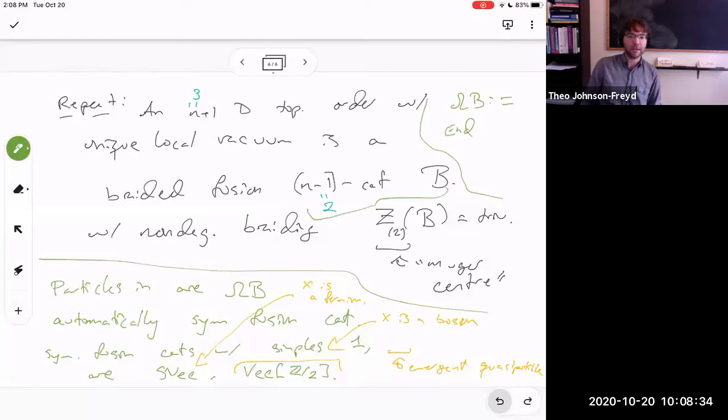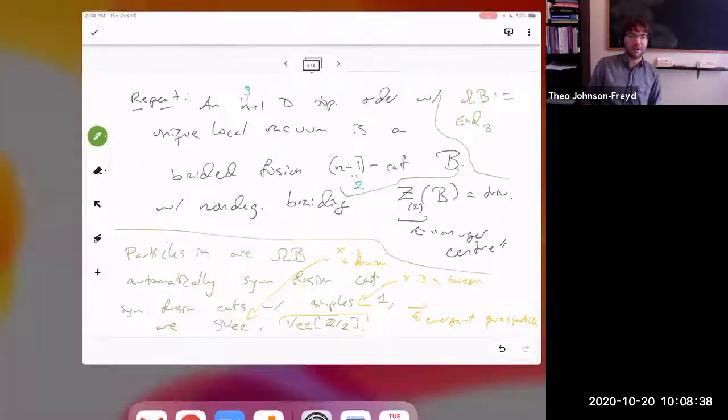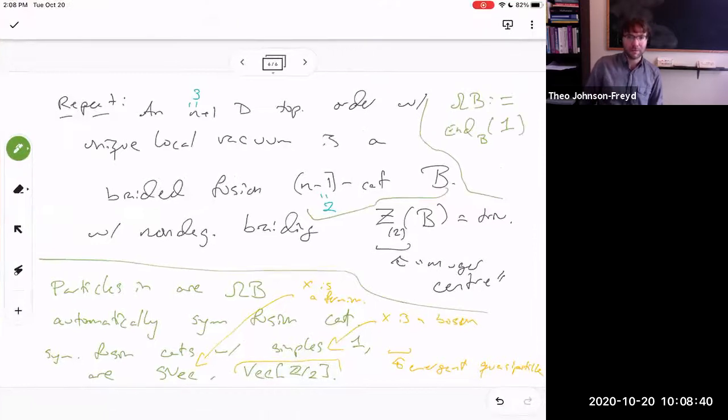So since B is braided, omega B is going to be whatever the thing after braided is. I think it's called sylleptic, right? E3. But it's just a 1 category, and E3 things that are just 1 categories are automatically symmetric.